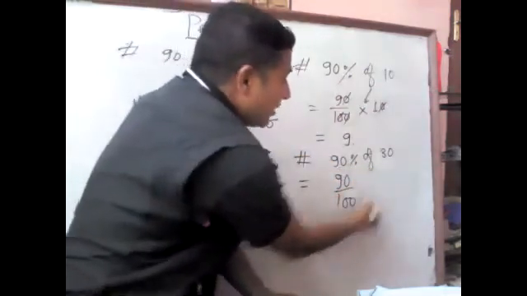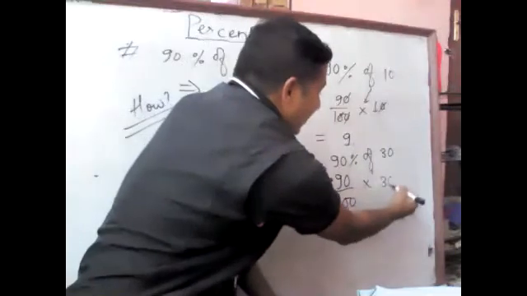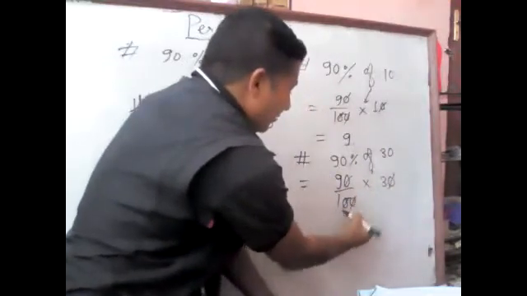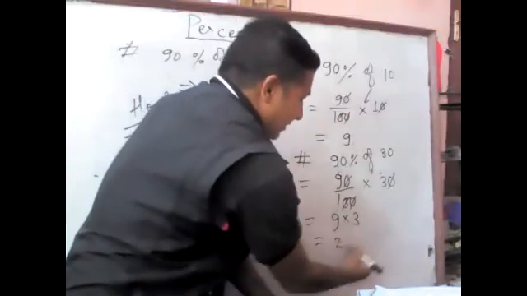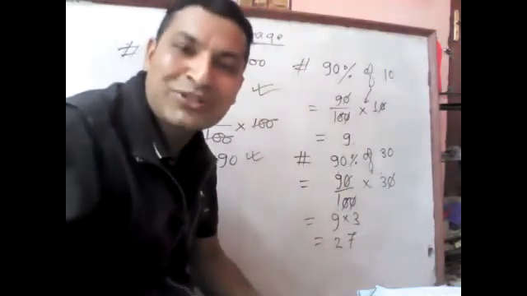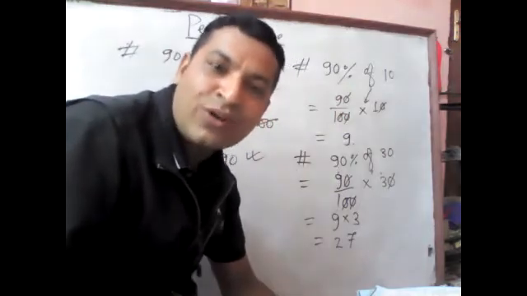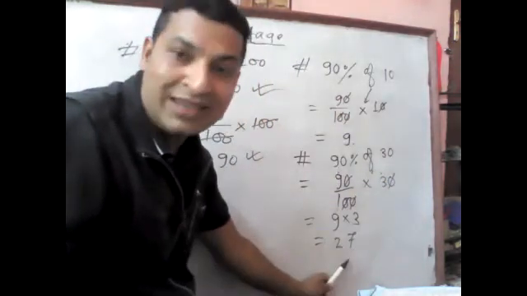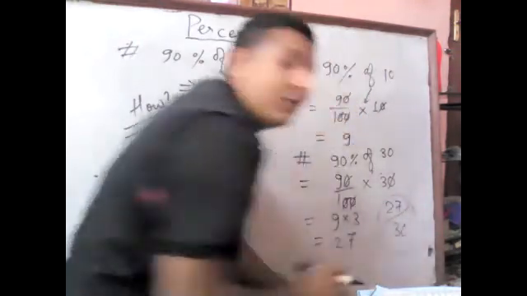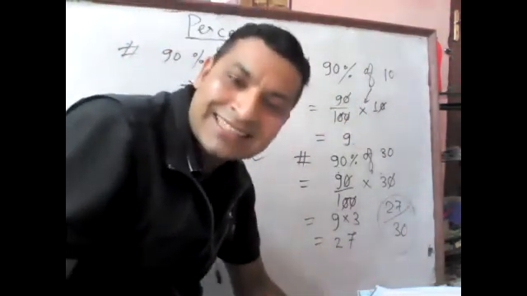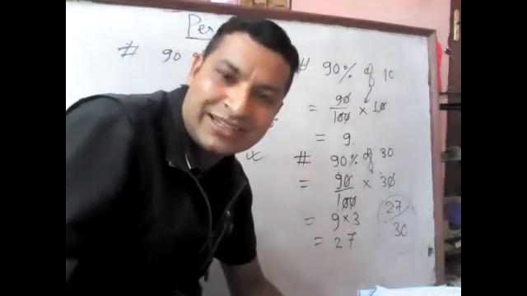90% means 90 out of 100. Of means multiply 30. 0, 0 cut, this 9 and this 3 multiply, we get 27. It means you have to secure 27 out of 30, then it will be 90 percent. Like this percentage is calculated.